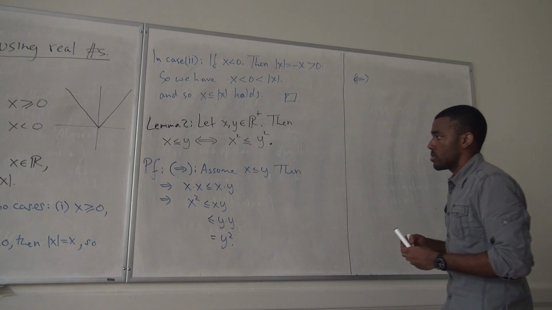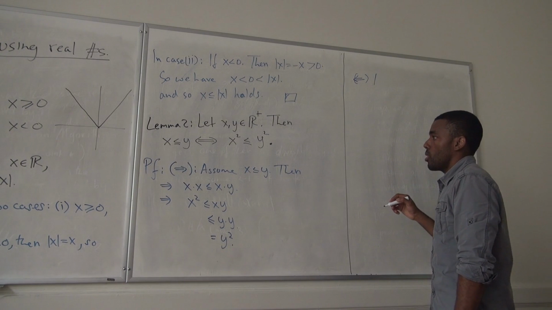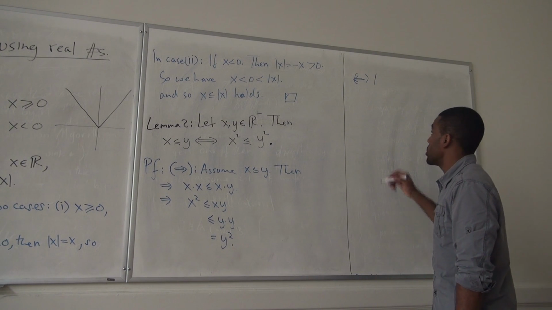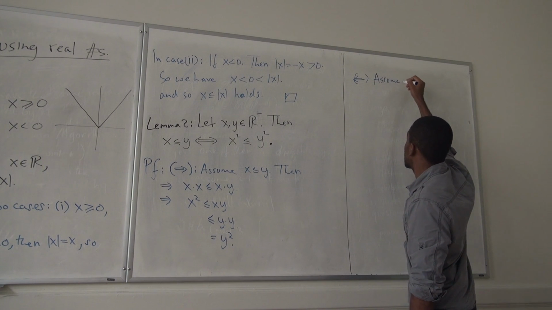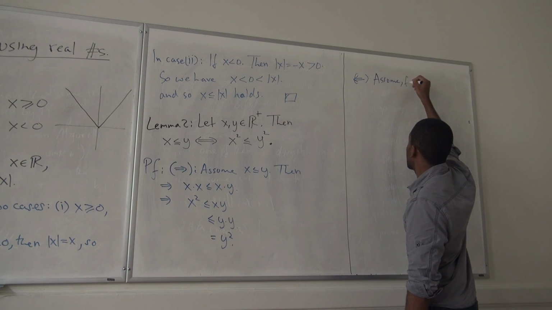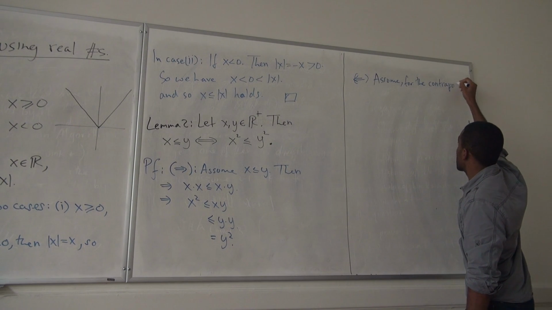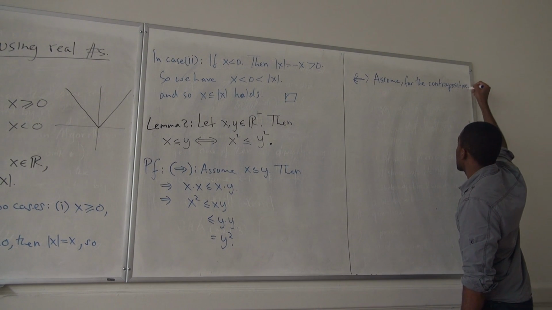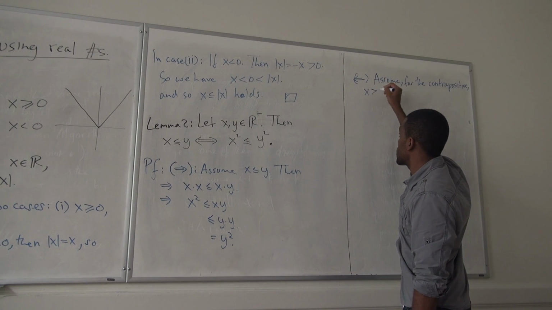Should we just do the contrapositive? You can do the contrapositive. So assume y is less than x, that is, x is greater than y.